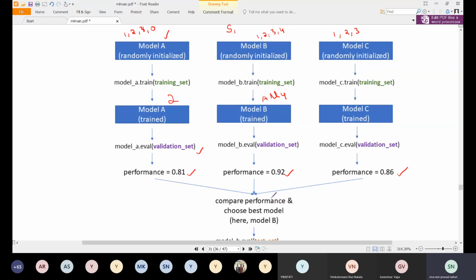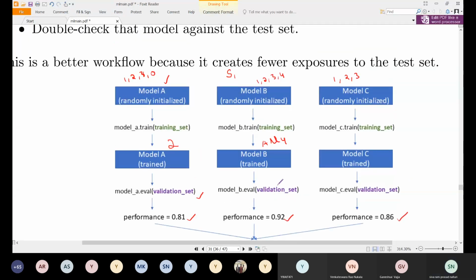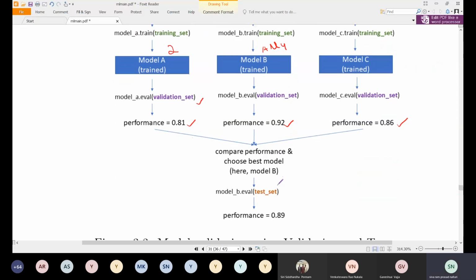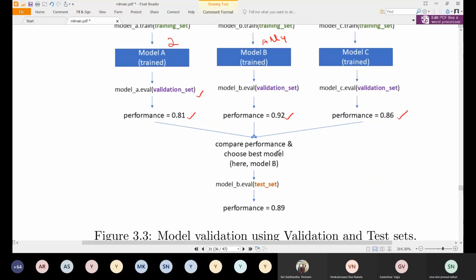Now, obviously, whichever model has very good performance during validation, that is picked. And finally, that model is tested using the test set. Okay. And if this performance is good, then this model B is released into the market, is commercially used.